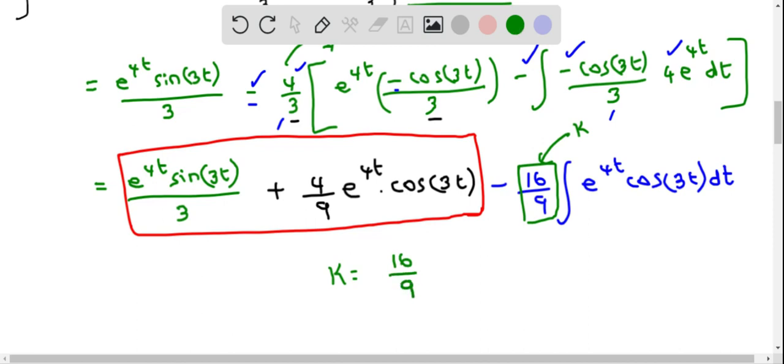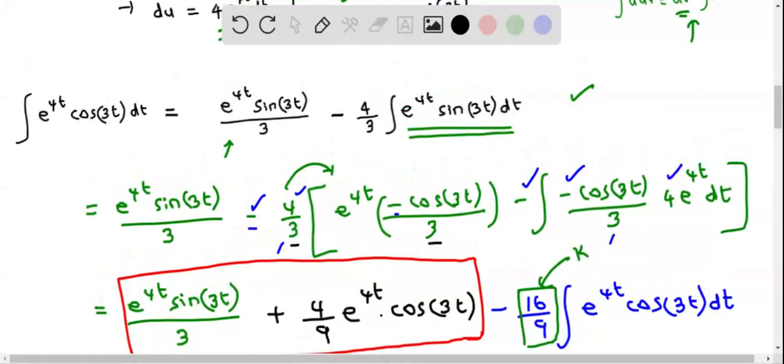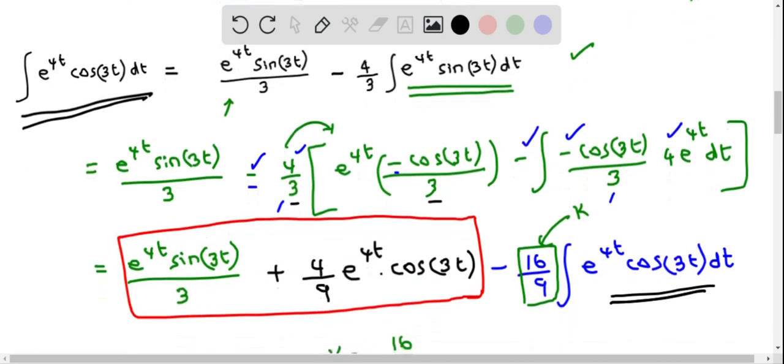Now let's wrap it up. So we can clearly see that the original integral is e raised to the power of 4t cos 3t. And we also have a similar integral on the right side with the factor negative 16 over 9. And this means we are going to add the positive 16 over 9 integral of e power 4t cos 3t.